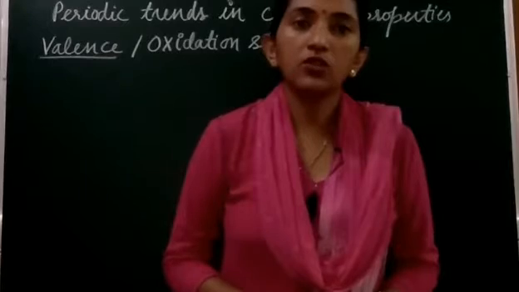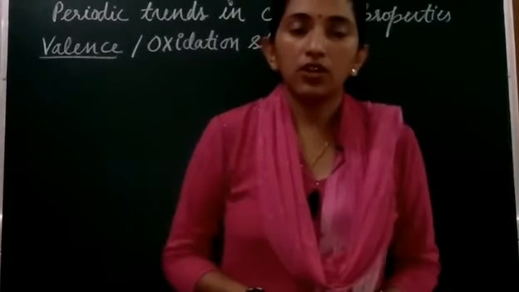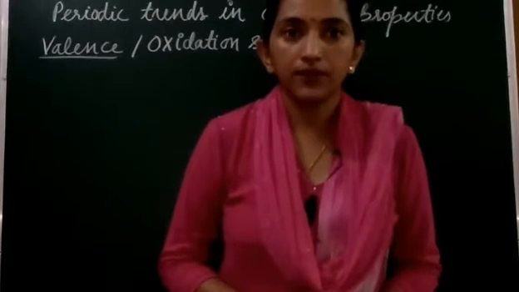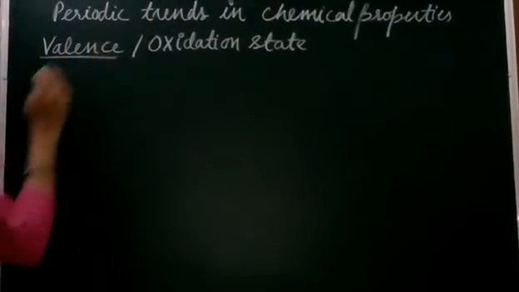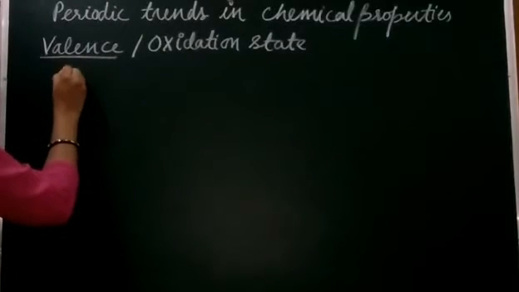And from group 13 to group 18, the number of valence electrons will get subtracted from 8. Right. So, what is the valence or the oxidation state? Before going to it, we should know what is valence electron.